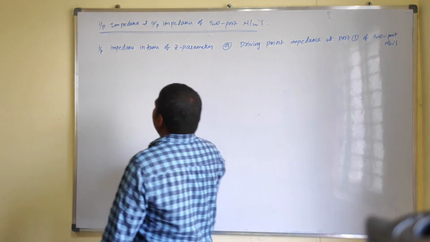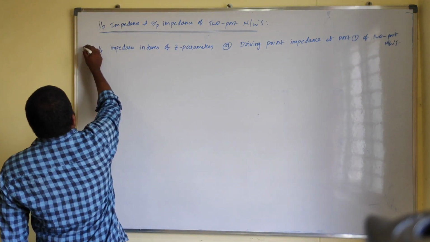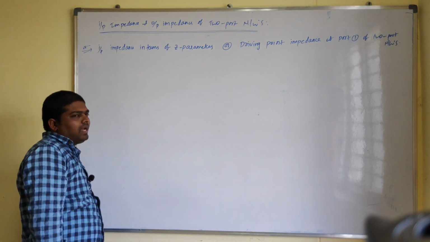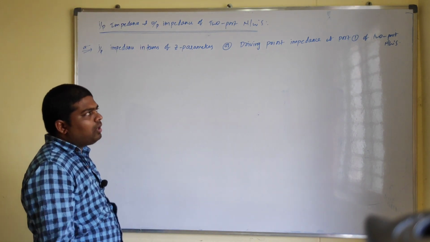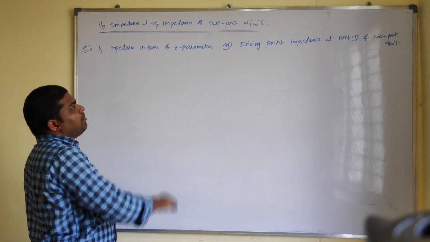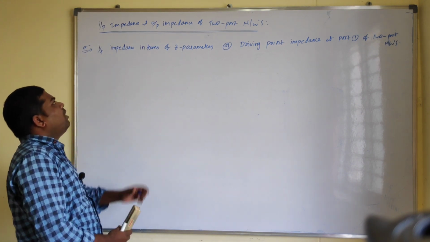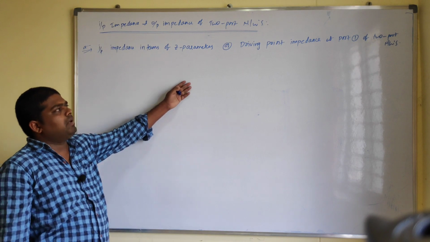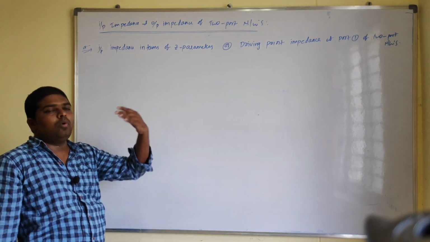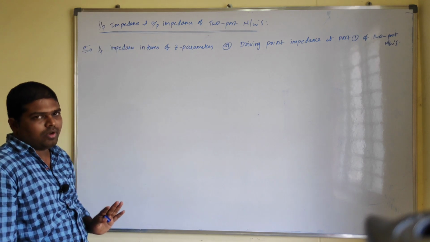So this is your title: input impedance in terms of Z parameters, otherwise driving point impedance at port 1 of a two port network. In case you take the output impedance, it is the output impedance in terms of Z parameters, otherwise the driving point impedance at port 2 of a given two port network.